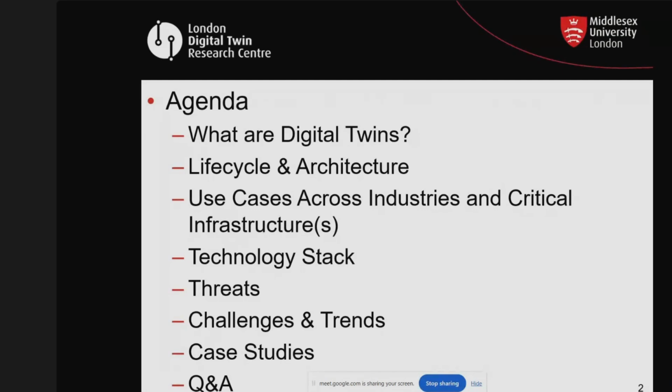What is the technology stack per se? I'd like to discuss that as well. Then some threats alongside it, where the safety aspect comes in. How safe can we keep our data? I'd like to briefly go through that as well, and then go through some challenges and trends and case studies, with some question and answers if time permits. So we'll go through that.